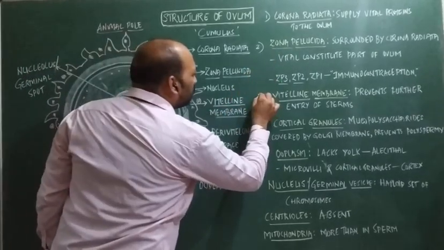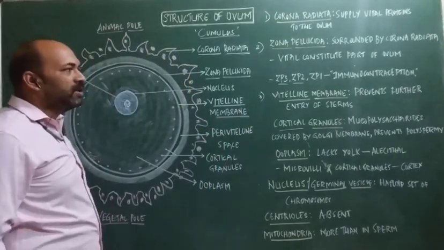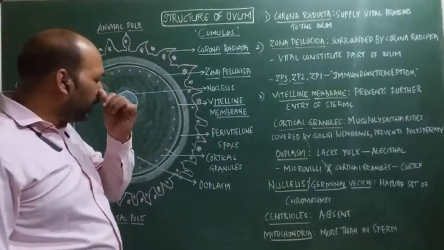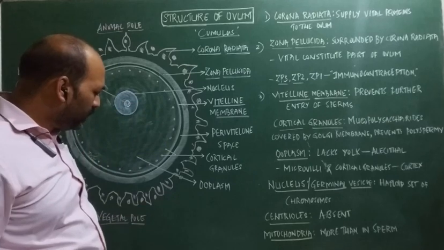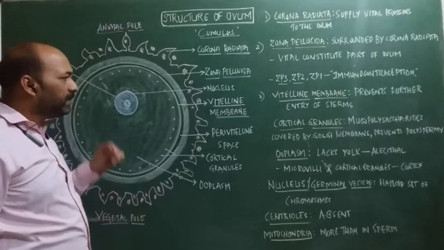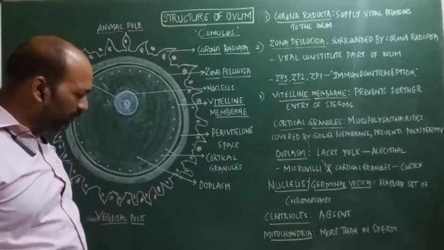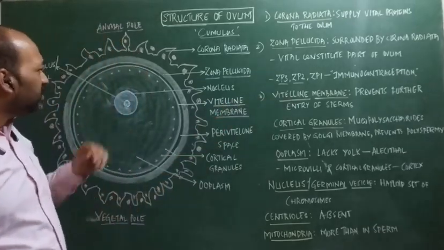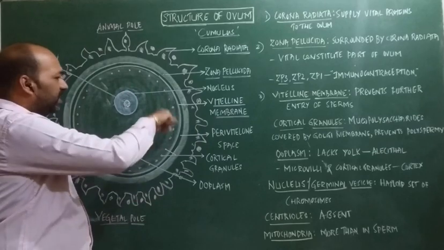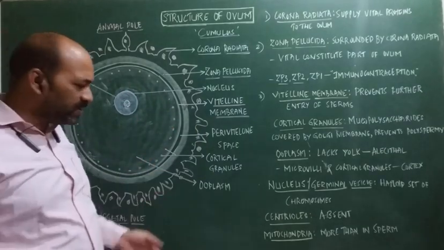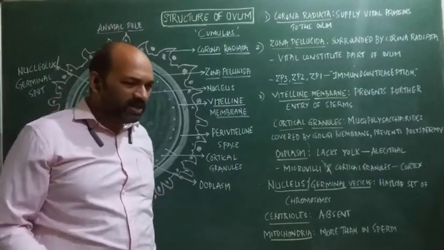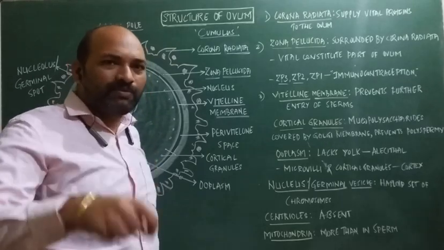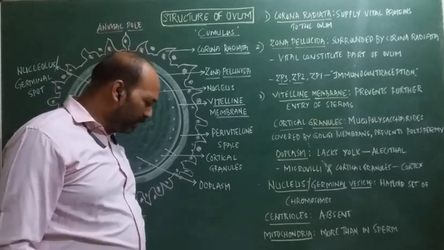Inner to the zona pellucida is the plasma membrane, also called the Vitelline membrane. This is a transparent membrane, and it covers the entire ooplasm or the cytoplasm of the cell. Generally a cell membrane is the outermost part.